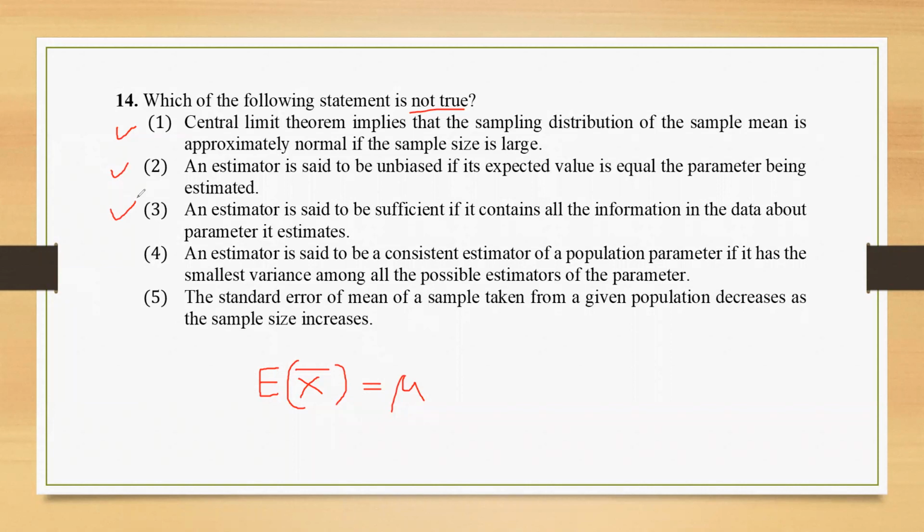So actually, the idea in statement 4 is not regarding consistency, but regarding efficiency. If we consider the efficiency of an estimator, it means among all the unbiased estimators, the estimator with the least variance is considered the efficient estimate.